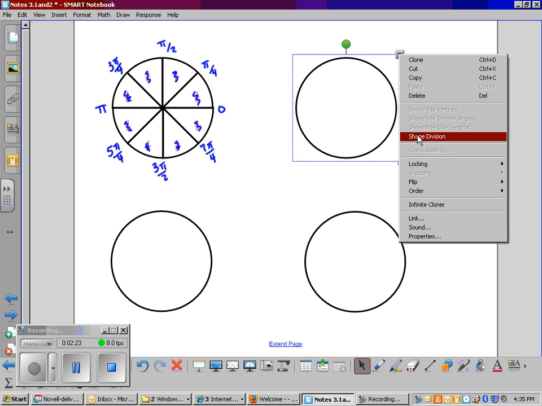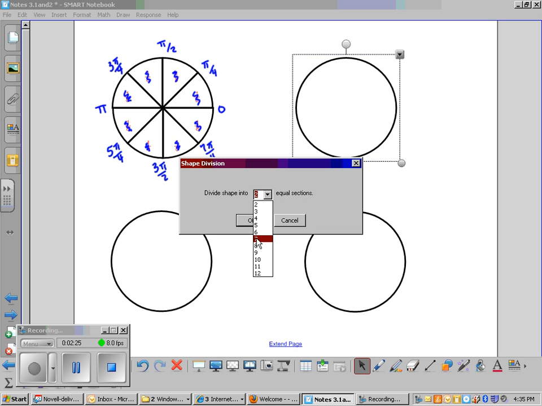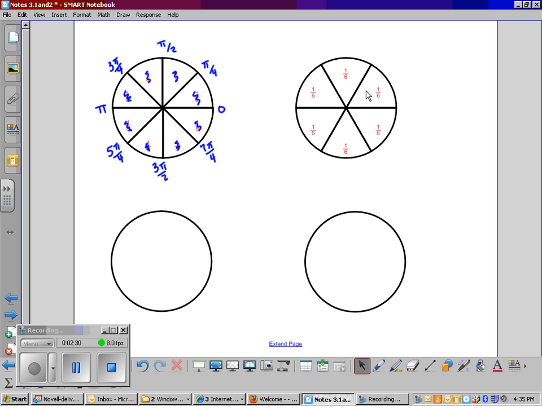Let's go to our next circle, and this time we'll divide this circle into 6 sections. If my whole circle is divided into 6 sections, then the top half of the circle from 0 to pi is divided into 3 sections. So ignore the 1/6 all the way around. That's how much it is of the circle, but I'm interested in what part of pi it is.